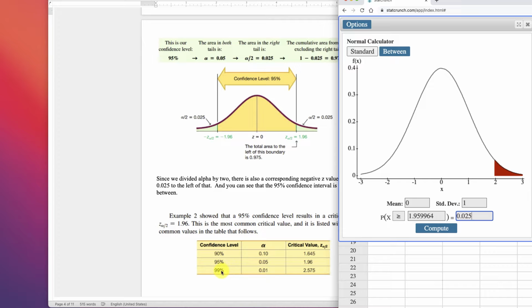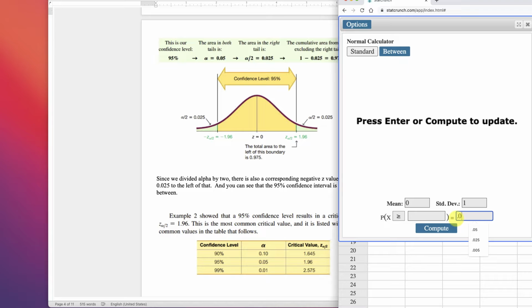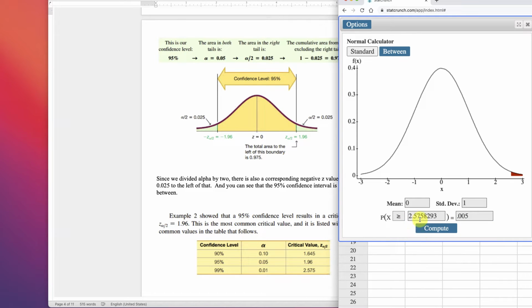If you want a 99% confidence interval, then you need to go in here and put in the 0.005, right? And then you get 2.58 or 2.575 or whatever they have there. You could round that up, I guess. Okay, 0.005, half of that. So this is how I can just calculate any one.